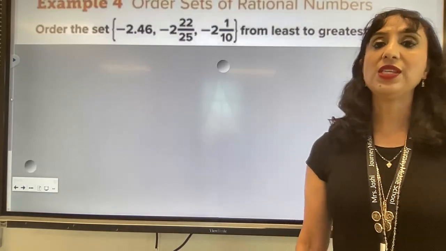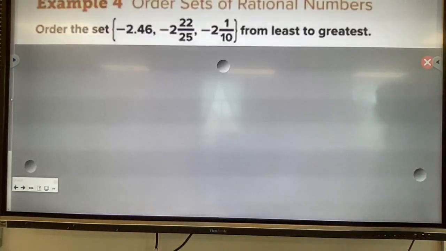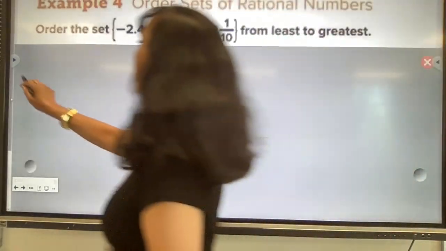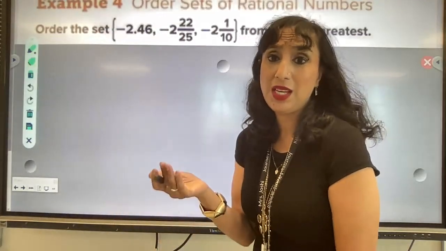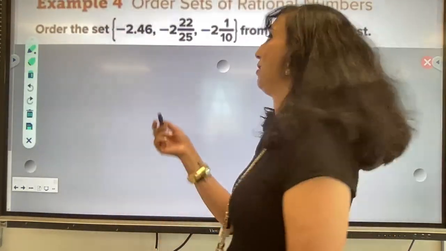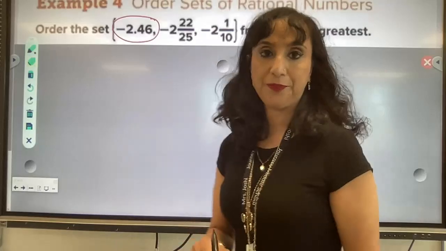Okay, so the first thing I want to do is I would like to put them all as a decimal. Okay, so if I'm looking at the first one, it's always easy to put it as a decimal. It becomes easier to compare or graph or whatever. Okay, so here, this is already in decimal form.